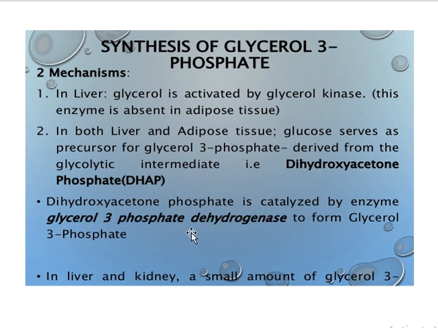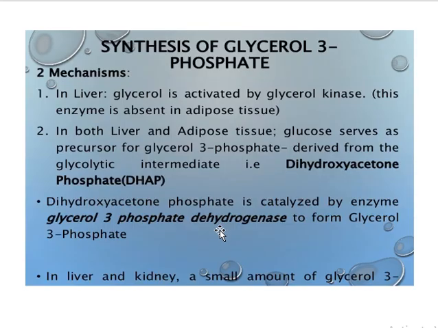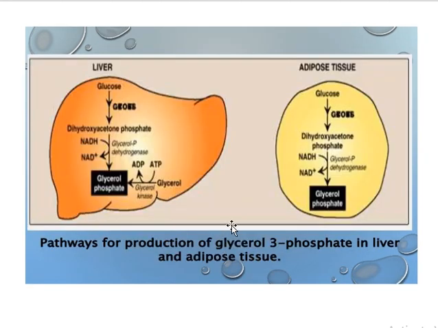This enzyme converts the dihydroxyacetone phosphate into glycerol 3-phosphate in the liver. It reduces the dihydroxyacetone phosphate into glycerol 3-phosphate. Some of the synthesis of glycerol 3-phosphate takes place in other tissues as well, like kidneys.